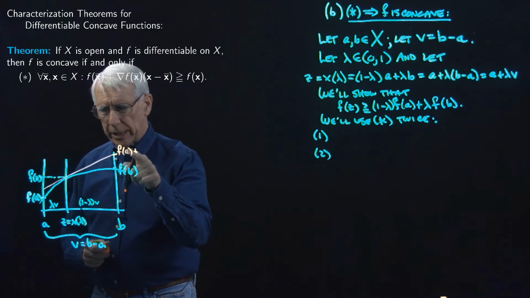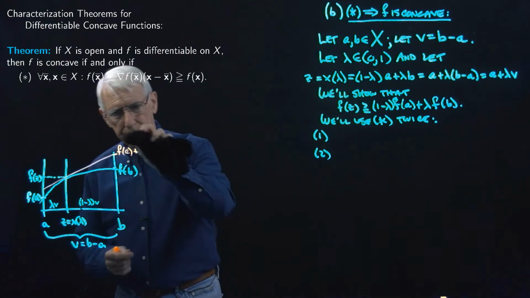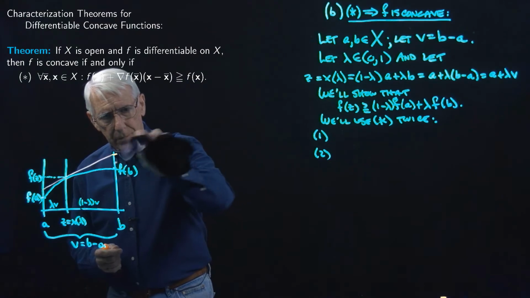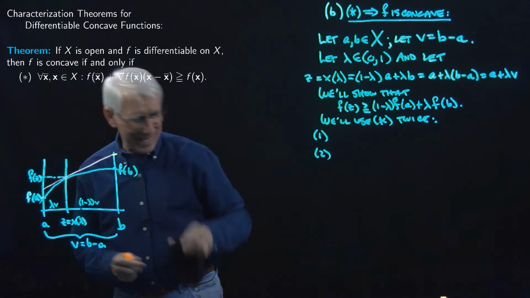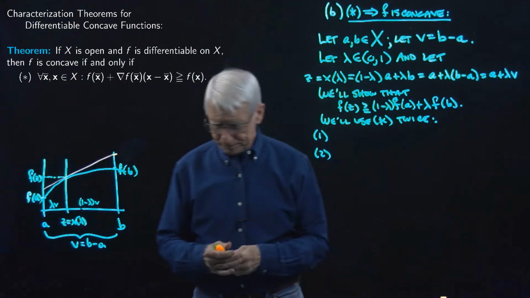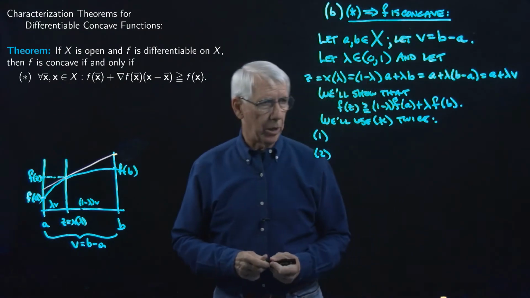Actually, we're not going to need to put that in here. So let me take that off. Okay, there we go. I don't think we're going to need that. So let's check and see as we go along here.